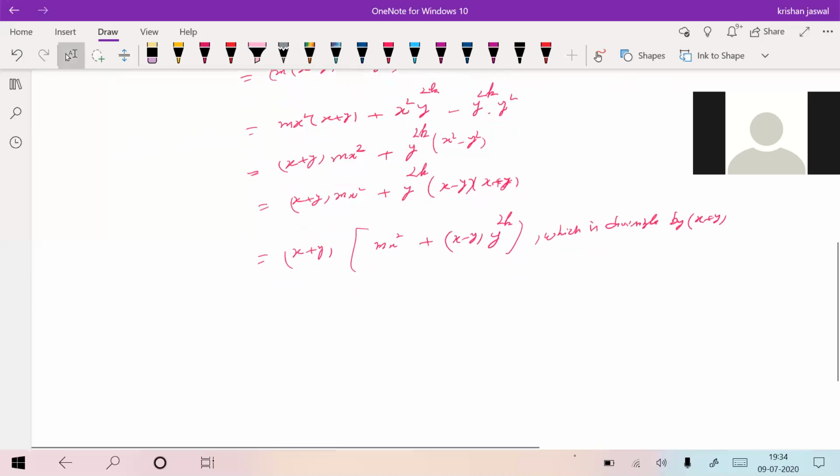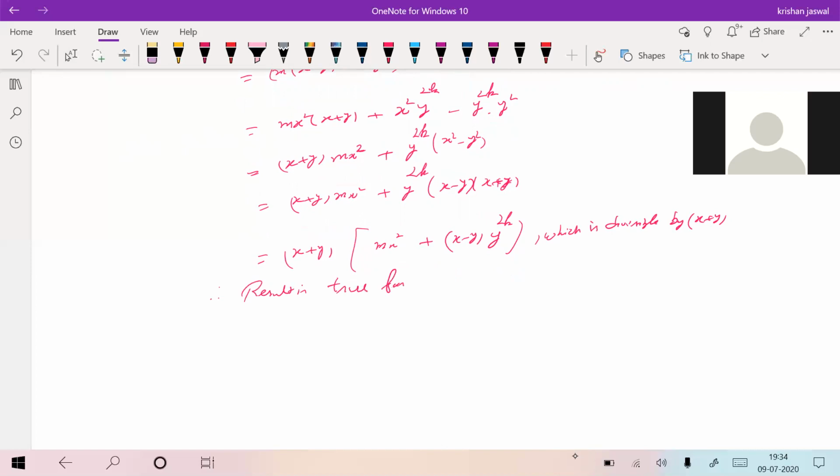Therefore, the result is true for n is equal to k plus 1. Also the result is true for n is equal to 1.